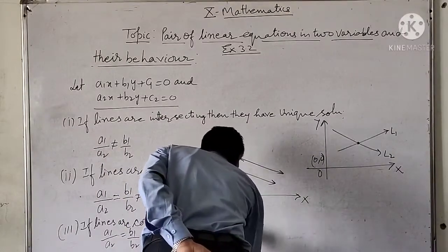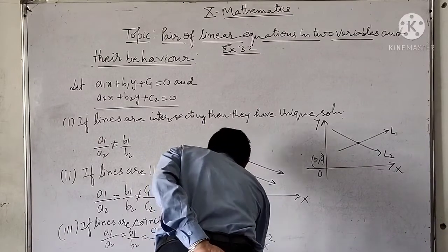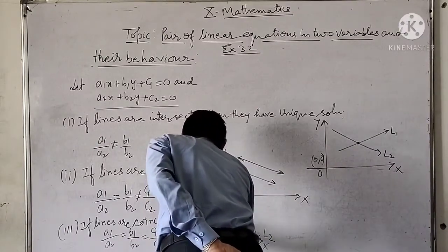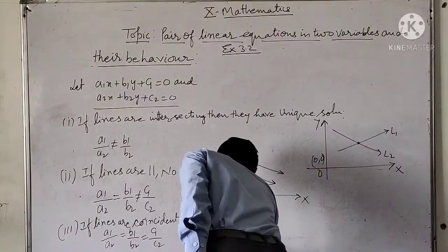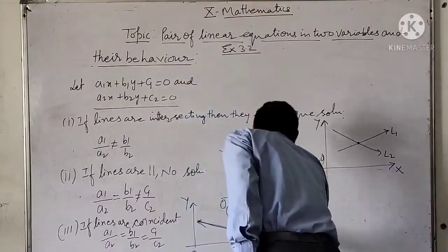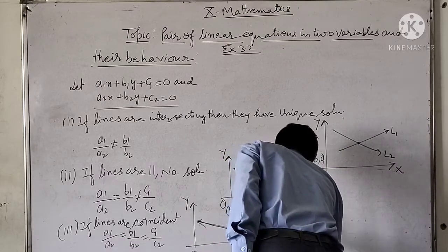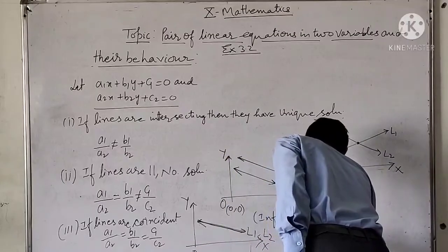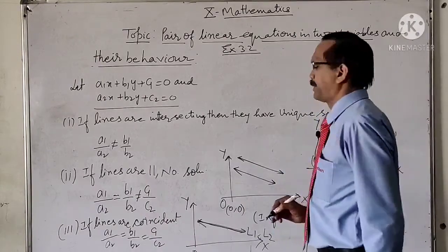There is a single line, L1 and L2 on the same graph paper. Then there is a single line and there are infinitely many solutions. Lines are coincident and infinitely many solutions. That is the case of infinitely many solutions.